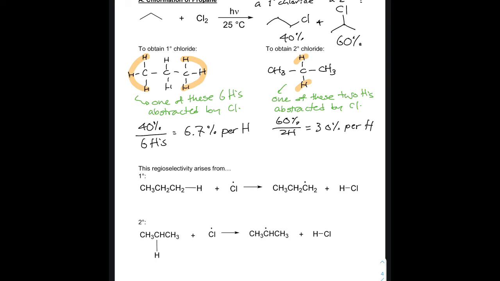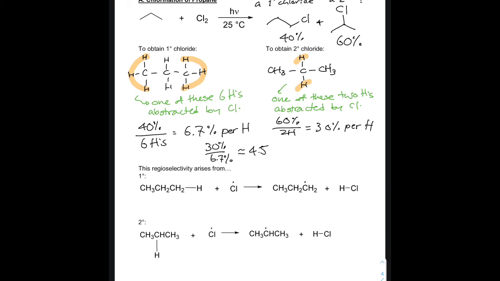What does that tell us? Relatively speaking, secondary hydrogen is 30% divided by 6.7, roughly 4.5. That means this is the relative selectivity for secondary.